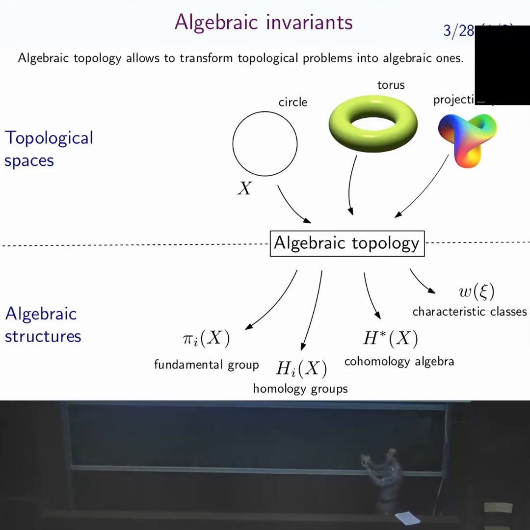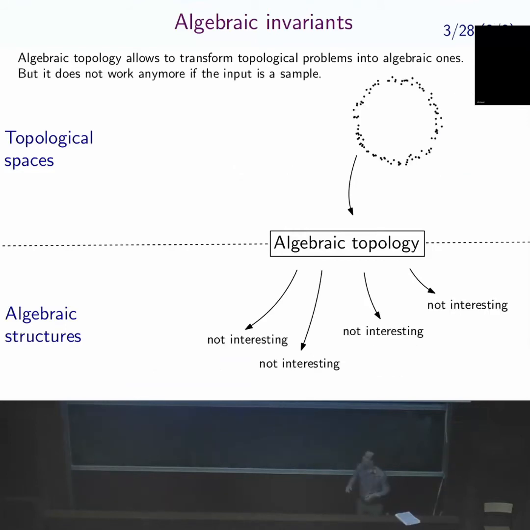And these structures contain topological information about your spaces. The issue here is that this theory has been thought for continuous shapes. So if you want to use it on a point cloud, you will not obtain interesting information at the algebraic level.